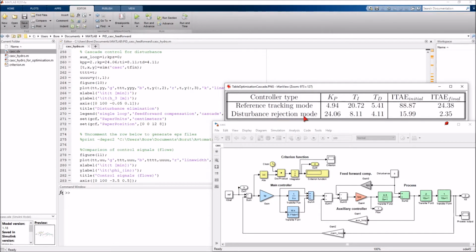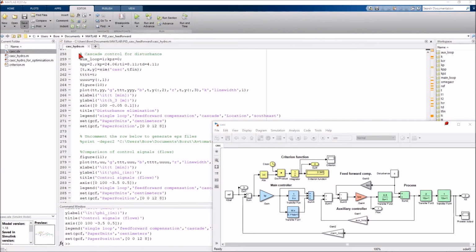For the disturbance rejection mode, we obtained the gain of the P controller, then integral constant and derivative constant. And in this study, the criterion was 16 at the beginning, and after optimization 2.3.